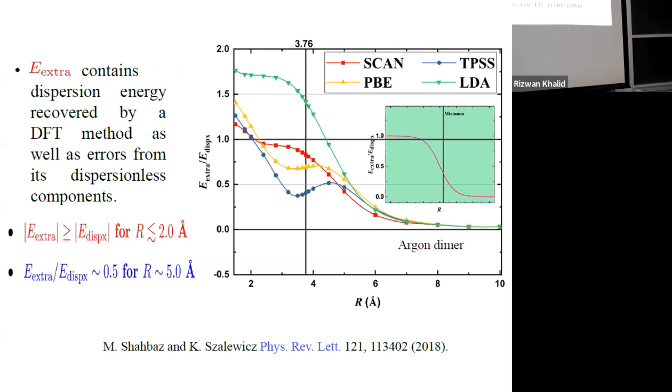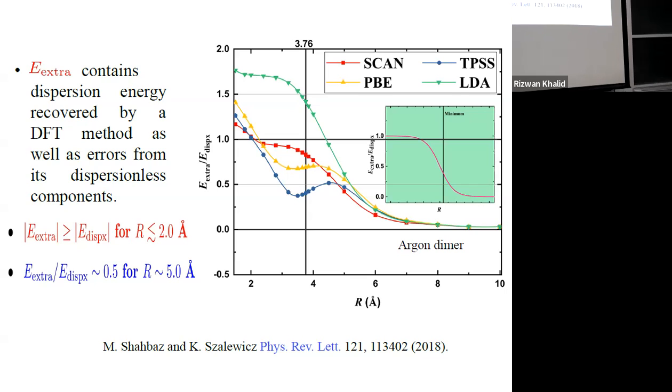So we pick up the best three methods: SCAN, TPSS, SPBE, LDA. One of the best methods is the SCAN functional, which satisfies all known physical constraints. And we see that the behavior of this E extra is qualitatively similar, but quantitatively different. At large distance, we don't have any recovered dispersion energy. At small separations, 1.5 angstrom, it does not just go to 1, it goes above that.